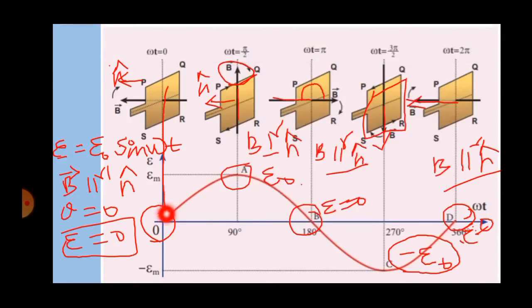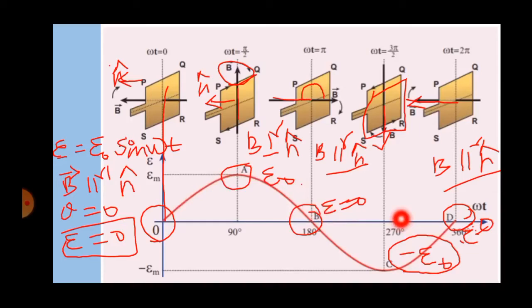This is a half cycle, 180 degrees, and again 180 degrees. One complete rotation. This is a positive half cycle, this is a negative half cycle. So one complete induced EMF is alternating in nature.